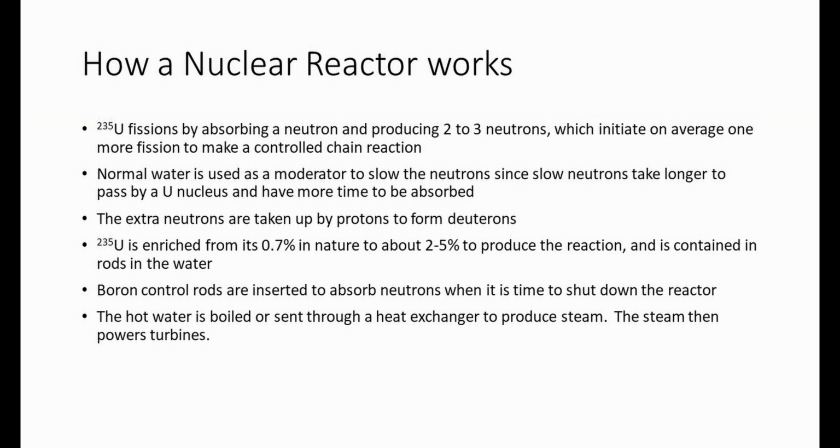Okay, what has been found is that you typically need to increase the concentration of uranium-235 from 0.7% to around 2 to 5%, somewhere in that range. Okay, and so that is really the fuel that, for example, in all the reactors in India, that's what we use. We use a partly enriched uranium.